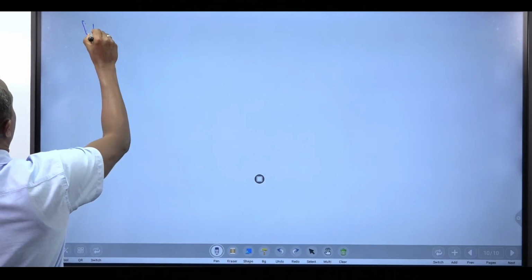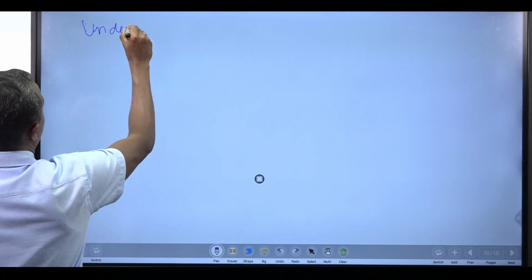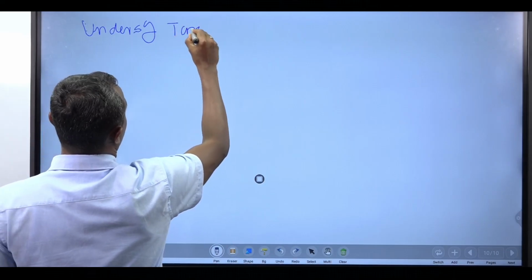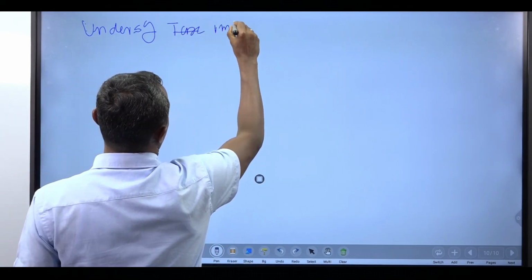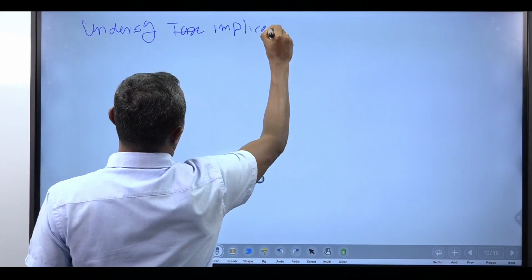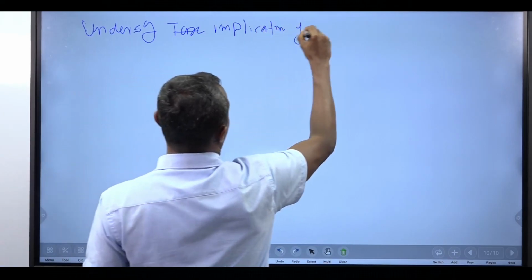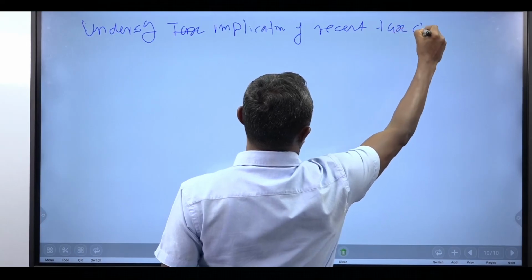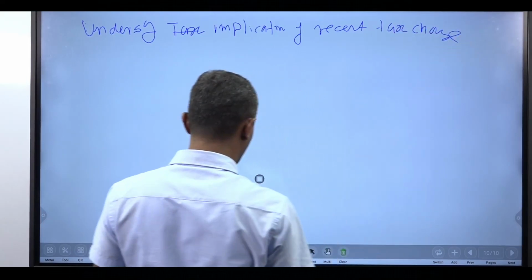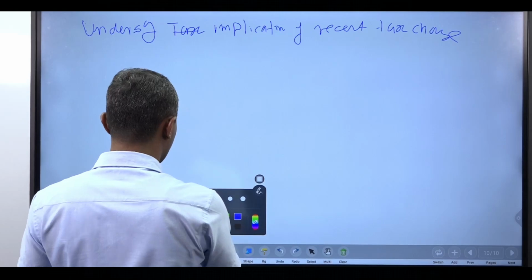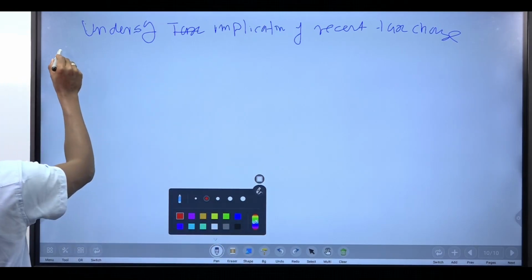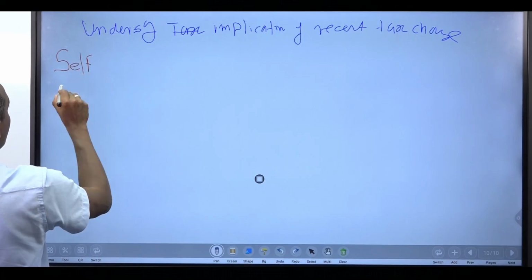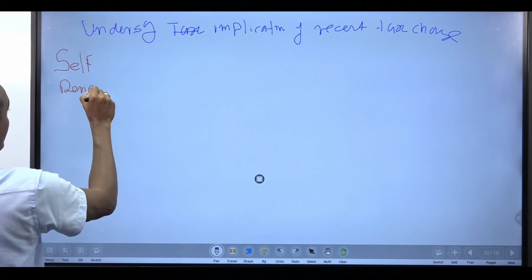So the next question is understanding the implications of recent tax changes. What are the ethical risks if you apply the SAS-FI framework? Remember, the biggest risk, if you apply the SAS-FI framework, which one is applicable? Self-review, right? One risk is self-review.